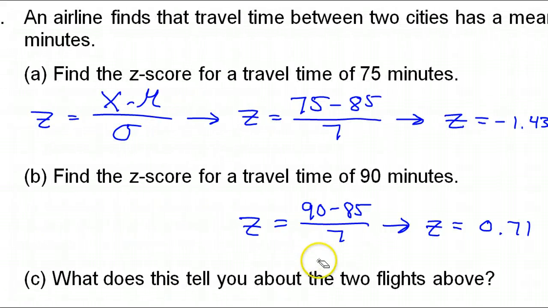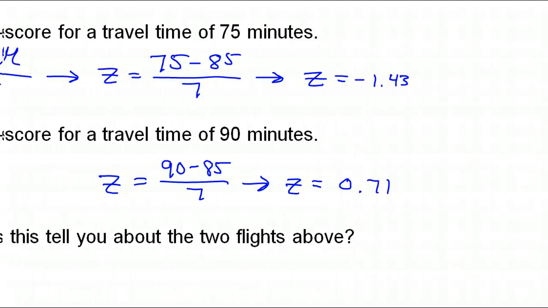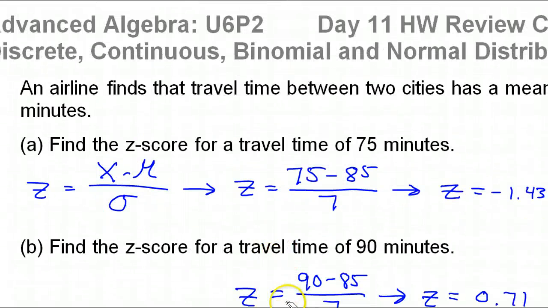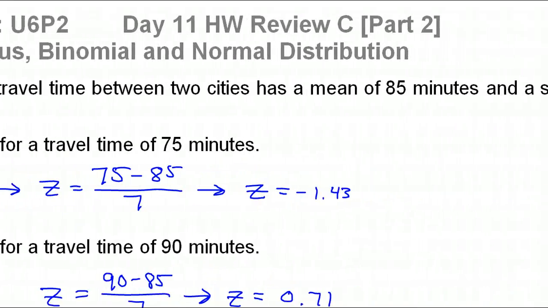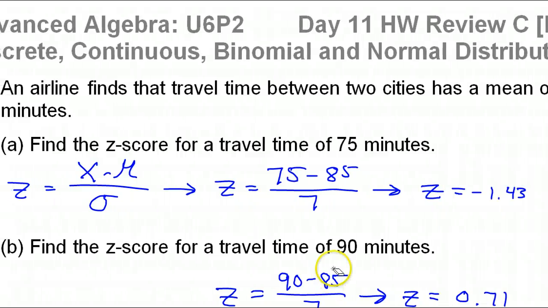What does this tell you about the 2 flights above? Let me read: what is this problem about? An airline finds that the travel time between 2 cities has a mean of 85 and a standard deviation of 7.